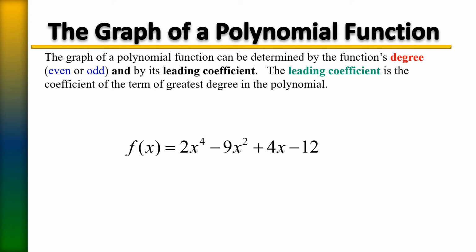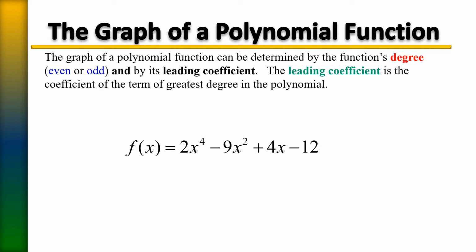So the degree of a polynomial function: if you look at all the terms within the polynomial function and their degrees, for example, the first term has a degree of 4, the second term has a degree of 2, the third term has a degree of 1, and the last term, the constant, has a degree of 0.